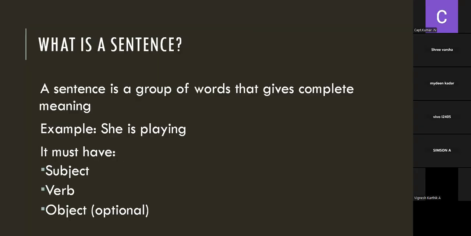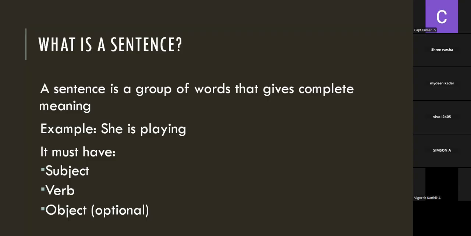We'll move to the next section, that is, what is a sentence? A sentence is a group of words that gives complete meaning. Example, she is happy. She is playing. It must have a subject and verb; an object is optional.